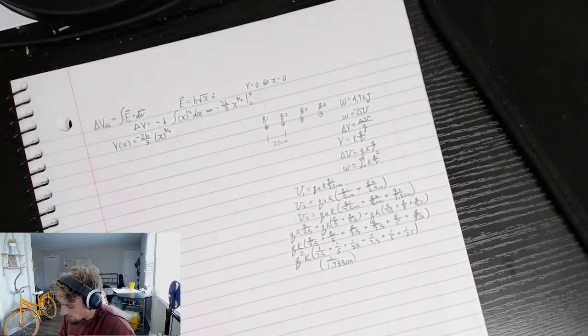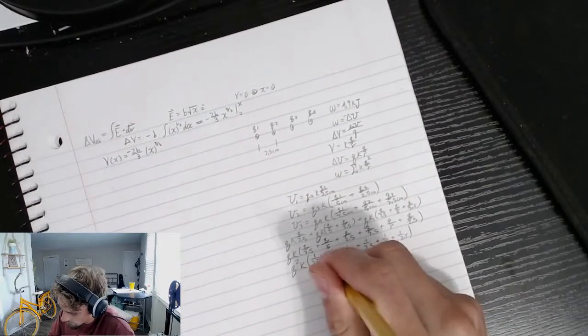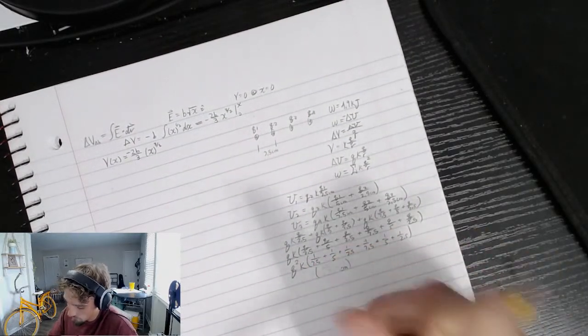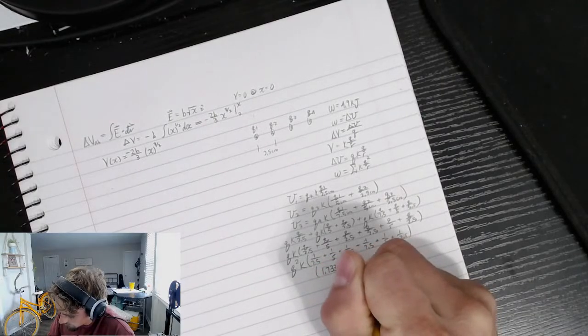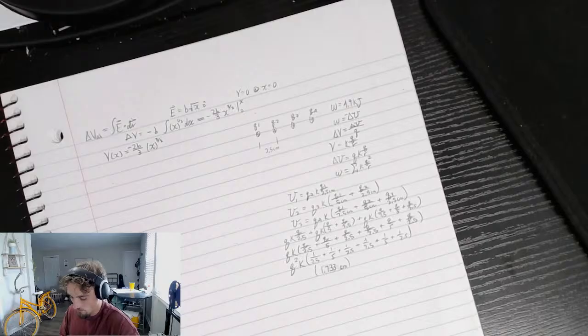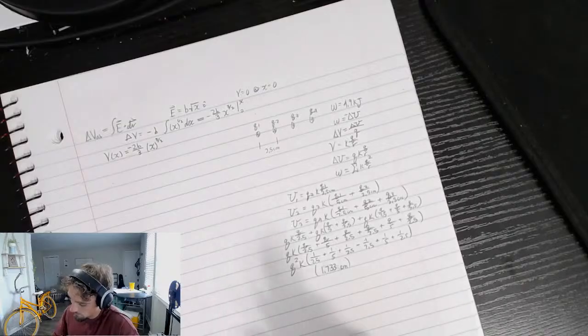Okay, so now we have this. Oh, wait, actually, that's 1.733. That's not the inverse. I didn't do that correctly. Wait, 2.5 plus 5 plus 2.5 plus 7.5 plus 5 plus 2.5. Wait, that's not correct.